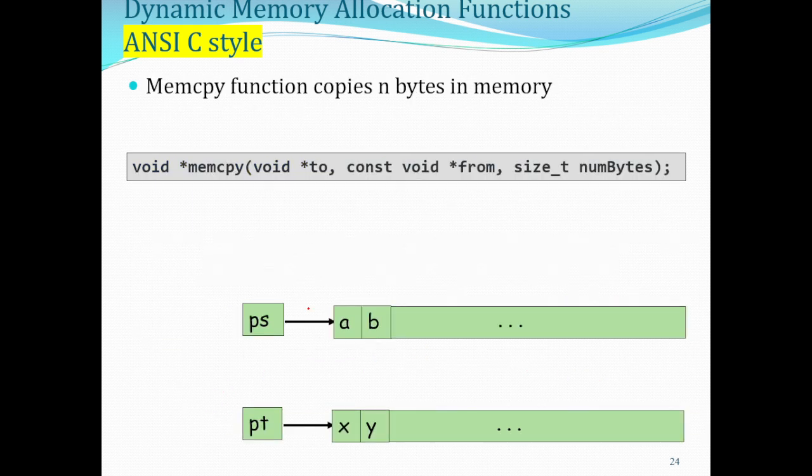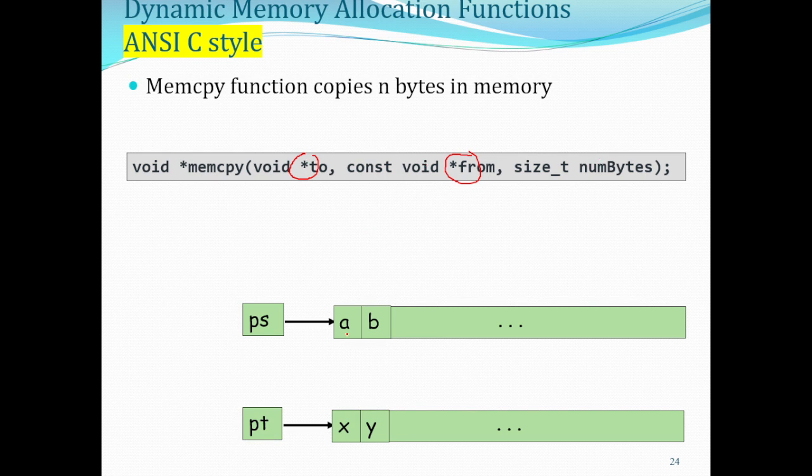Okay, memcpy function. Again, this is a dynamic heap function. It's copying some chunk of data from source to target. This function is accepting 3 parameters: the source heap, the target heap, and then the number of bytes.